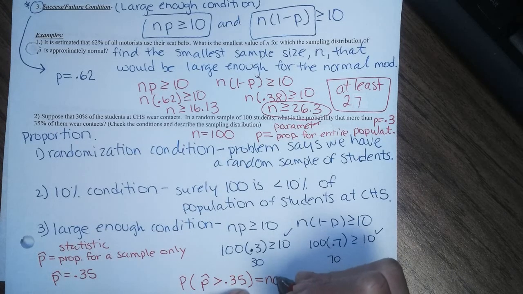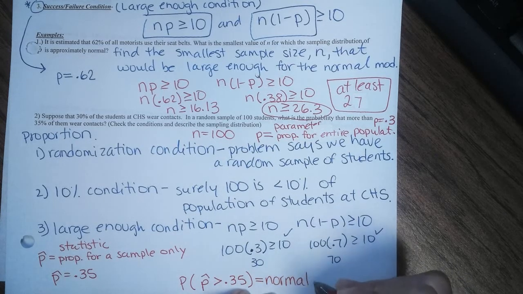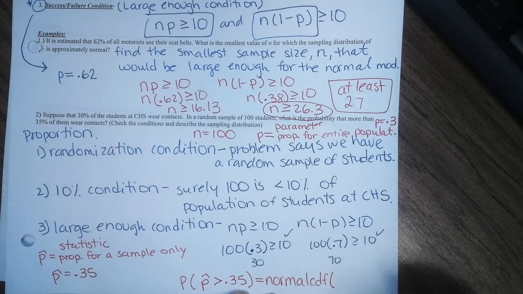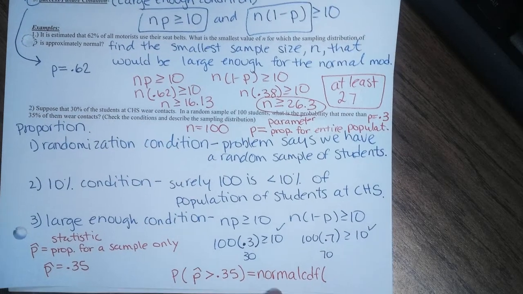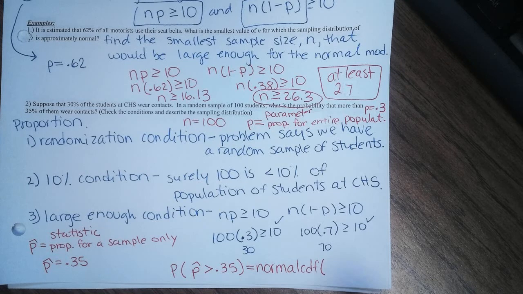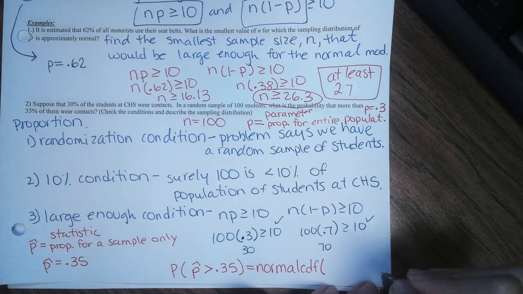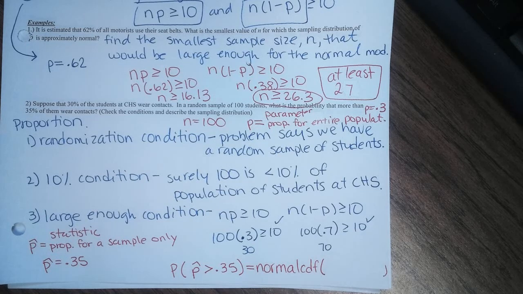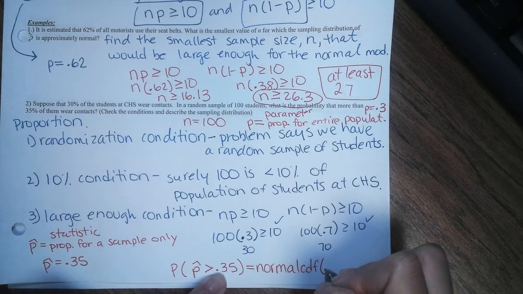And here's how you do it. We're still doing normal CDFs. Normal CDF. And you're going to put the lower bound, the upper bound, the mean, and the standard deviation. So I don't think it's going to fit on here, but here's how you would do it. The lower bound, since you want greater than 0.35, the lower bound should be 0.35.